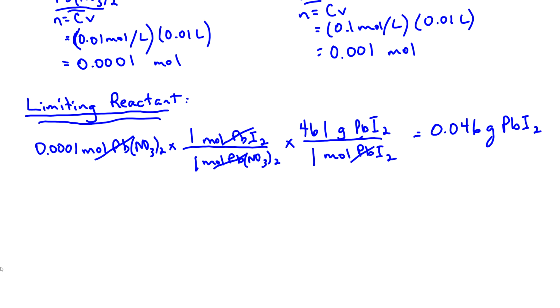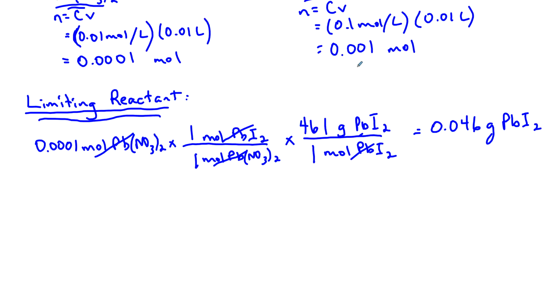Okay, so now let's do the same, starting with the other reactant. I have 0.001 moles of KI. I'm going to switch over from KI to PbI2.